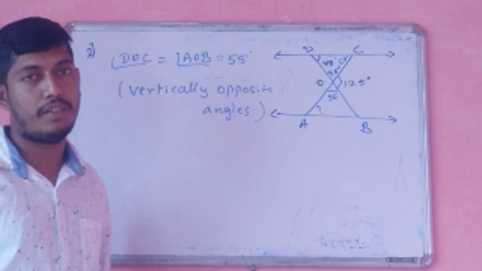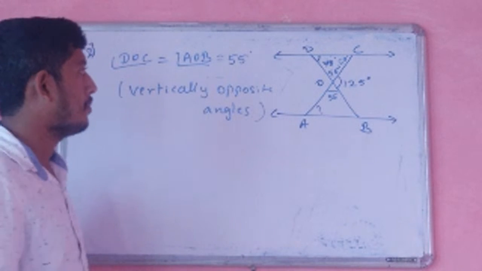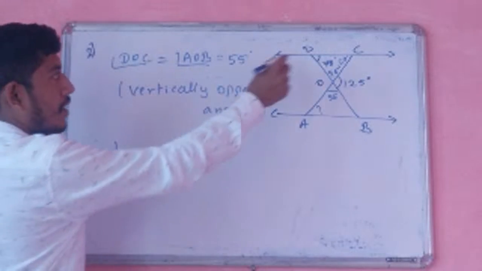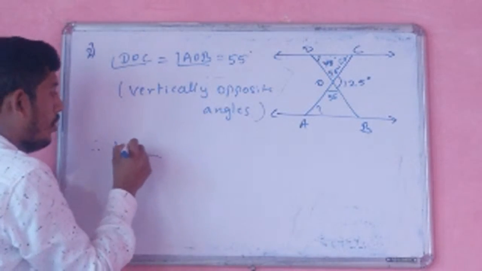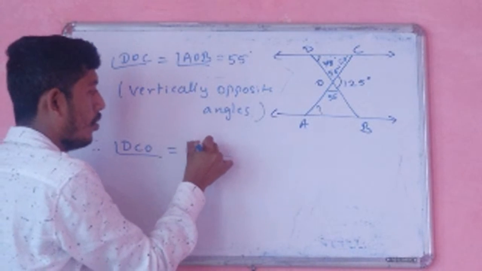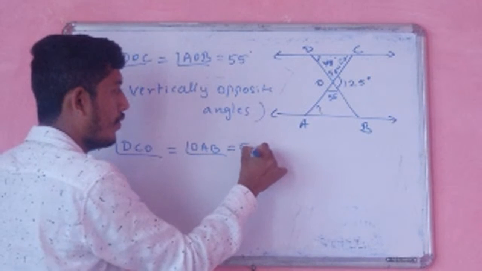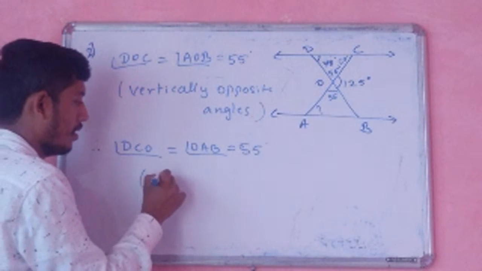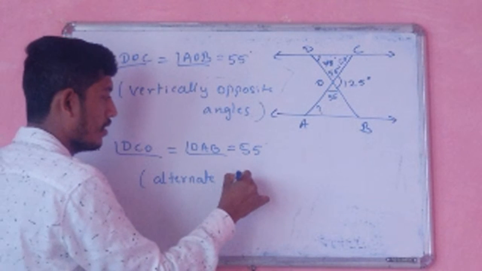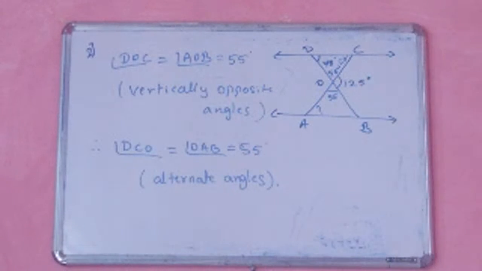By considering that theory, we can directly find out angle A. Therefore, angle DCO is equal to angle OAB, and that is equal to 55. The reason is alternate angles. Okay, just look at the steps.